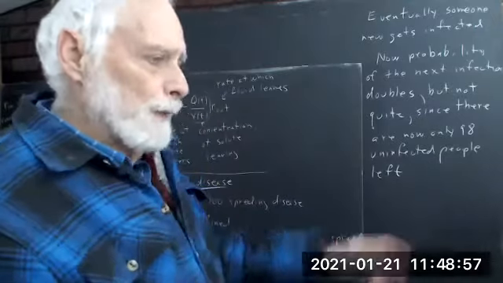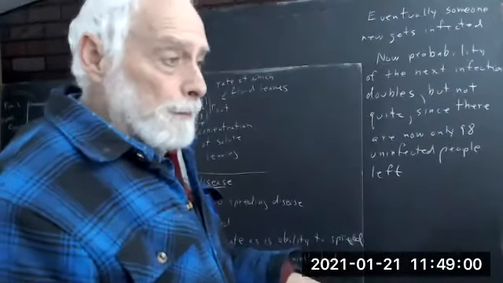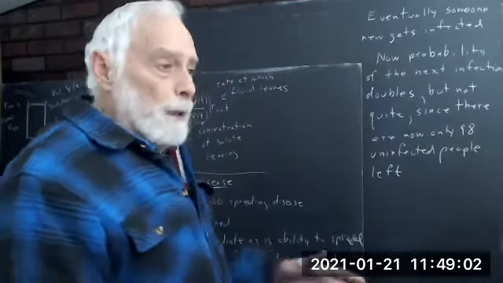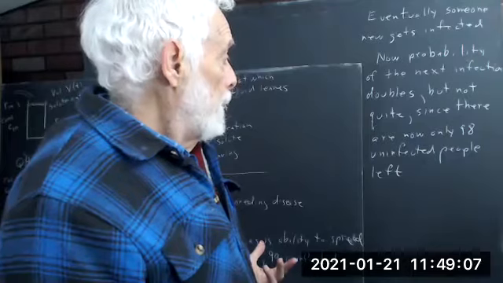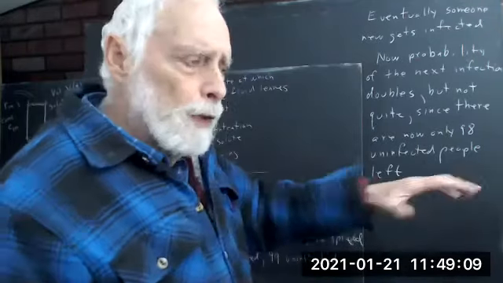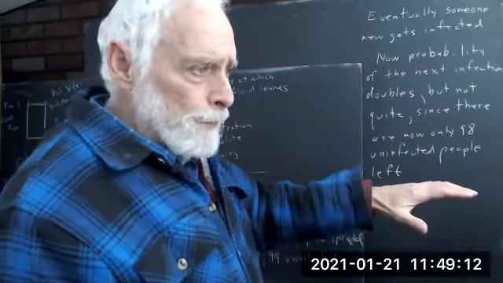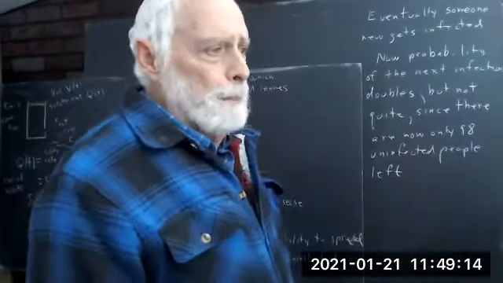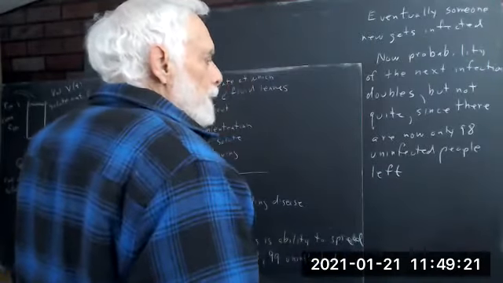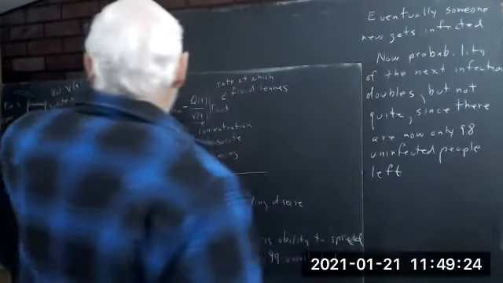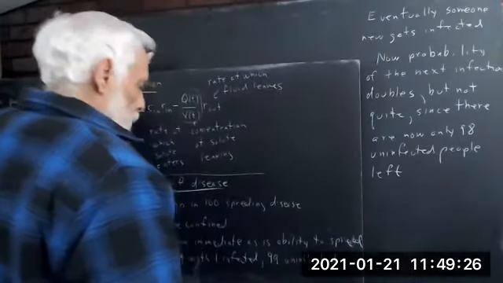Now there are only 97 left. So if you're still uninfected, your probability is now triple what it was. But the probability in the whole group is not quite triple because now you've only got 97 people that could be infected. Okay, well, we deal with that without spending too much time on it. And you want to think this through, make sure you understand it.